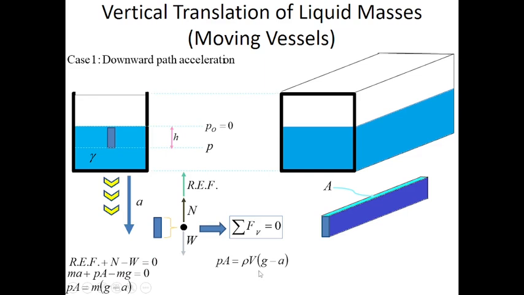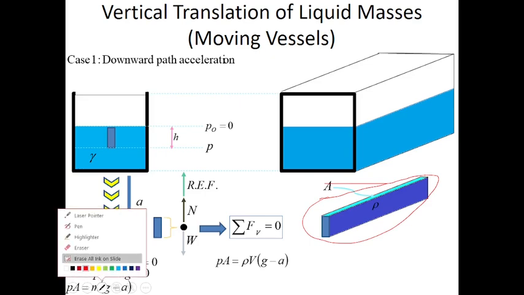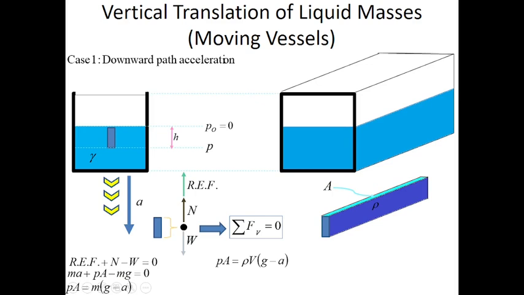Next, PA equals rho V, mass. The mass of this strip is density times volume times G minus A. So there is the density, then there is the height, where the volume is AH, area of the base times the height.